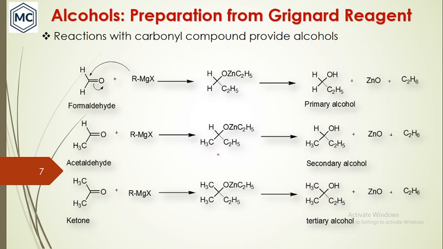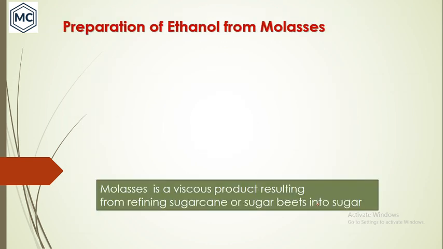With acetaldehyde, you get an adduct, then it becomes secondary, because any higher aldehyde gives a secondary alcohol. And with a ketone, the Grignard forms an adduct here, and it gives the product tertiary alcohol.